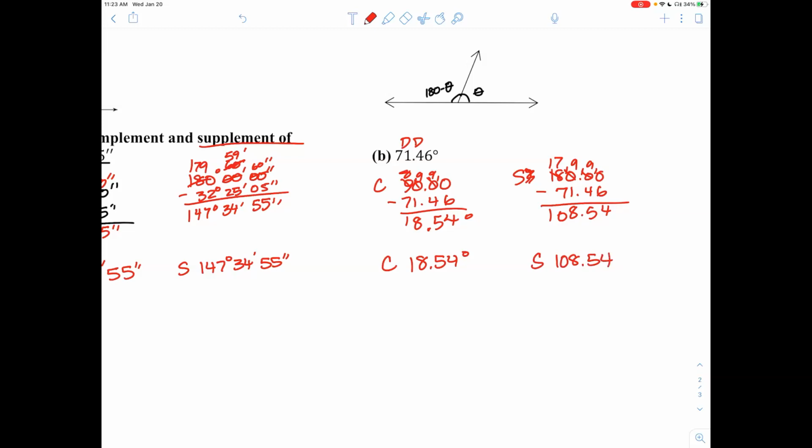Another thing you could do is, after you find the complement, you could just add 90 to it, and it would take you to the supplement. With your calculator, you could just go 90 minus 71.46, get 18.54. There's your complement. Write it down. Then just add 90 to that, and that'll take you to your supplement shortcut.